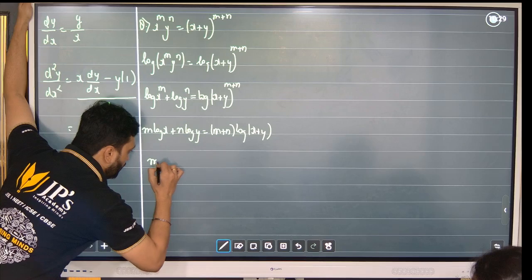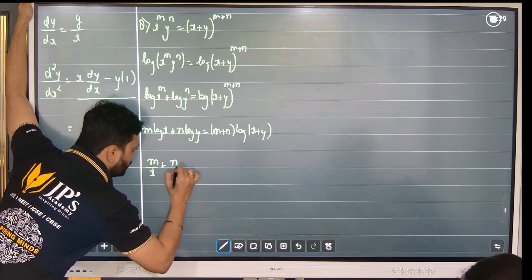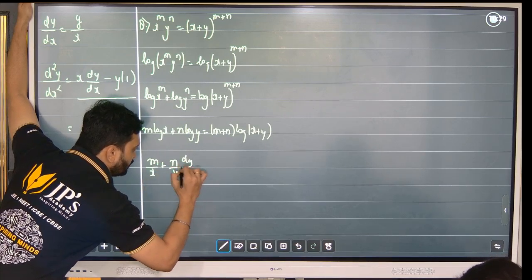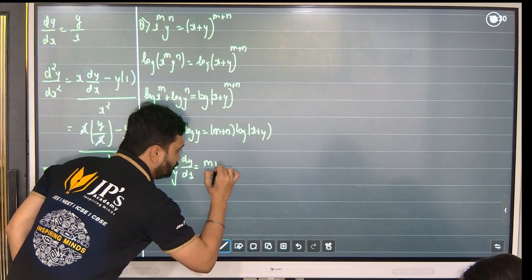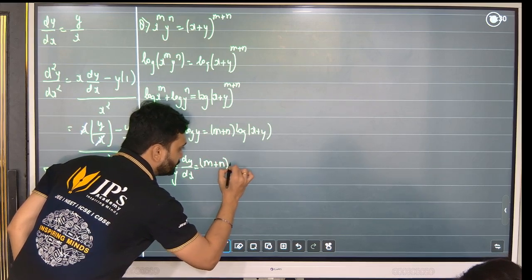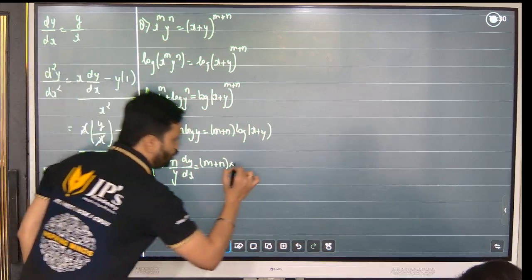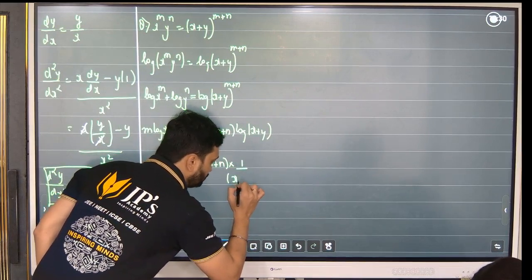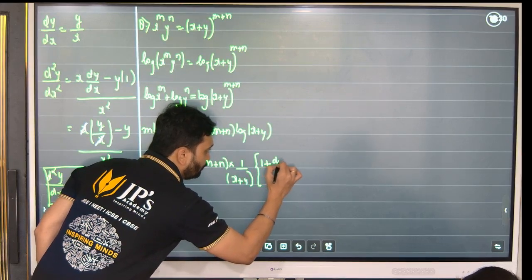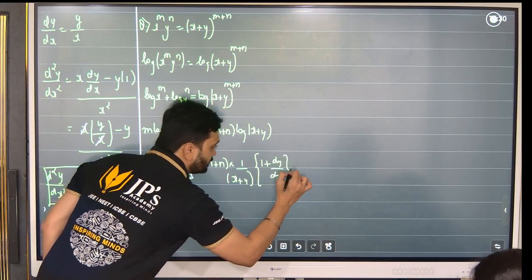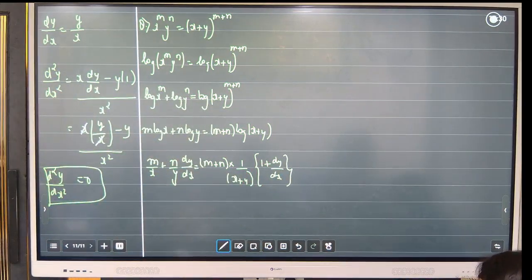So this will become m upon x plus n upon y dy by dx is equal to m plus n into 1 upon x plus y into 1 plus dy by dx. Okay, how many of you have not understood this? I have done nothing, only first taken the derivative of log of x plus y, and then the derivative of x plus y.